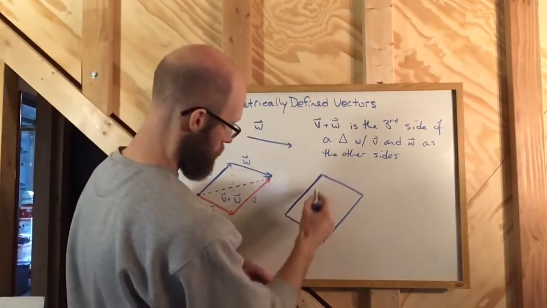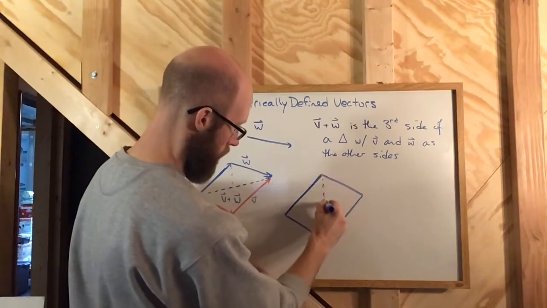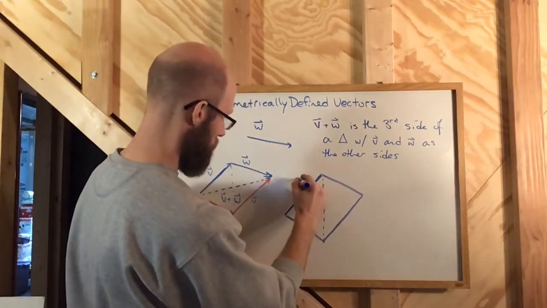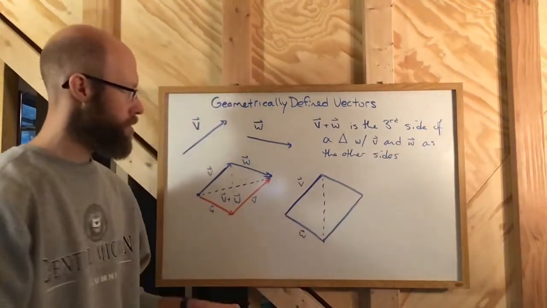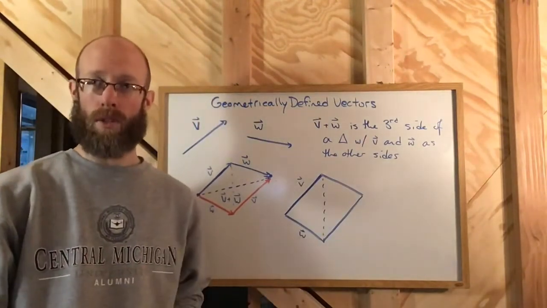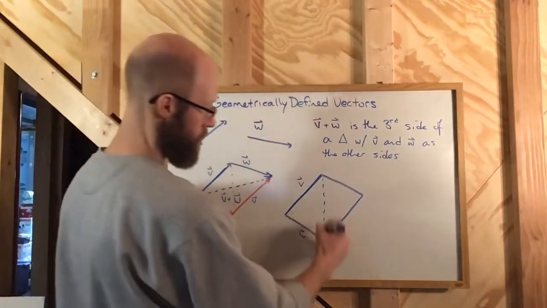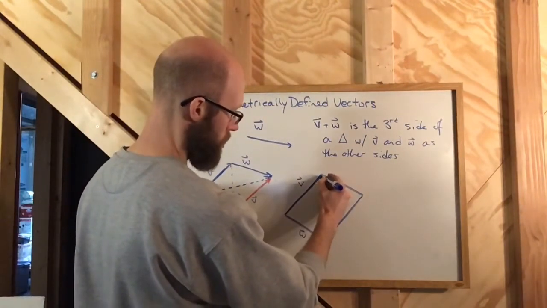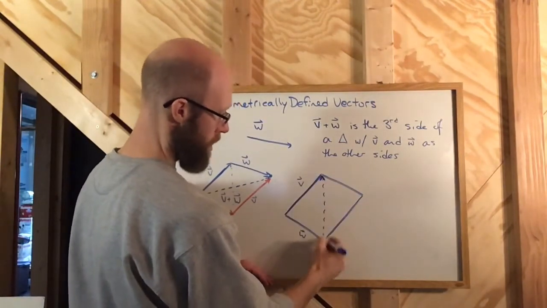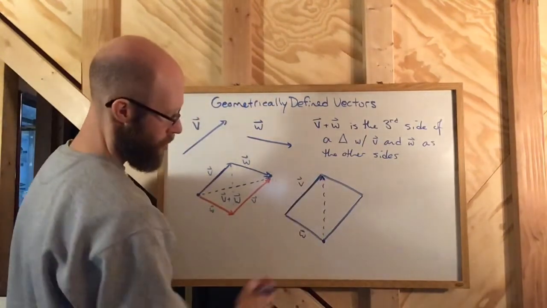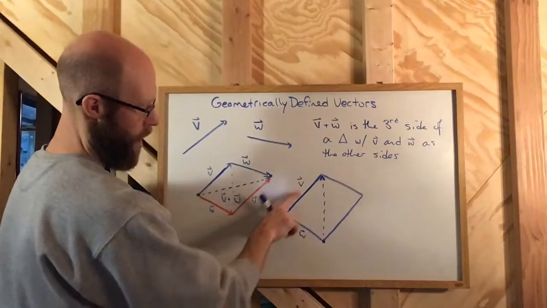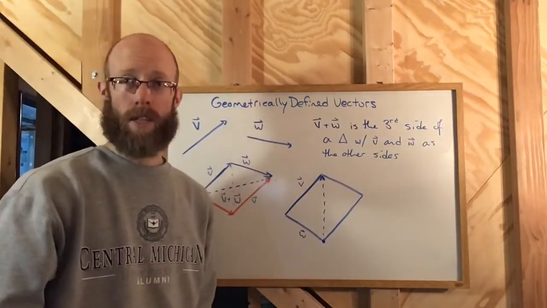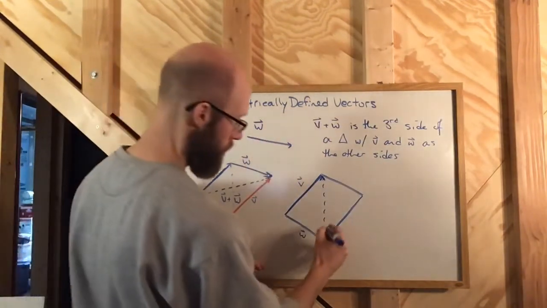Okay, so if I draw in the other diagonal here, here's V, here's W. How would you represent that using a vector? Well, what's interesting is if you consider going from the bottom to the top here, what you're doing is you're going backward along W and then up along V, which is negative W plus V, right?